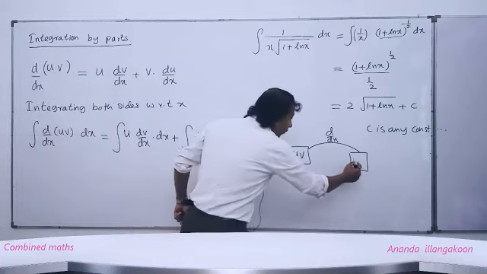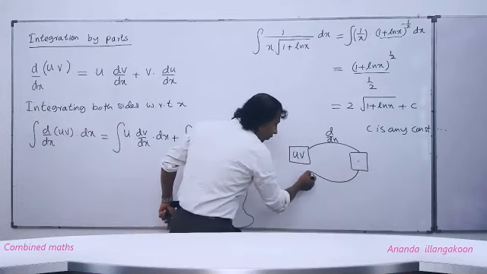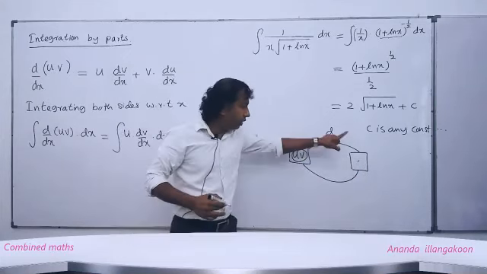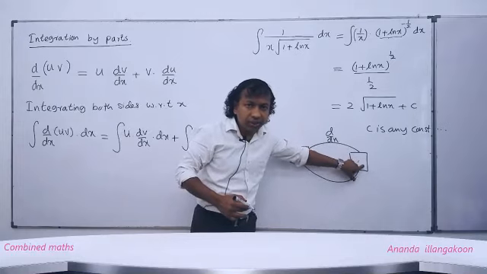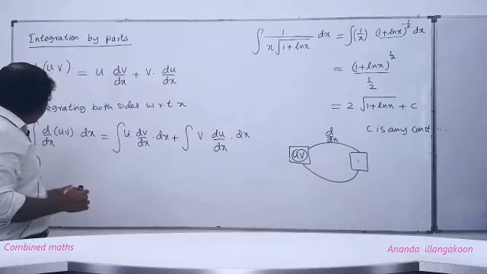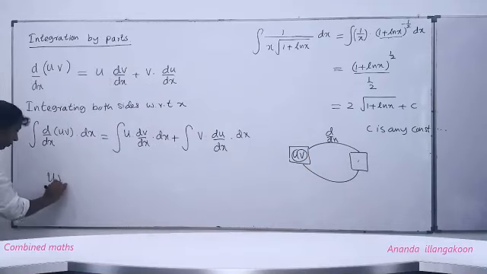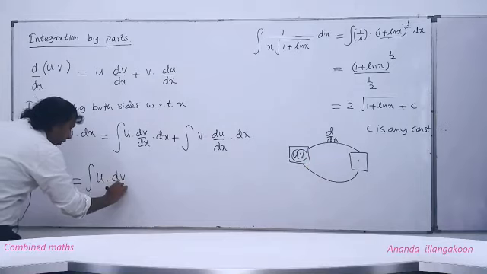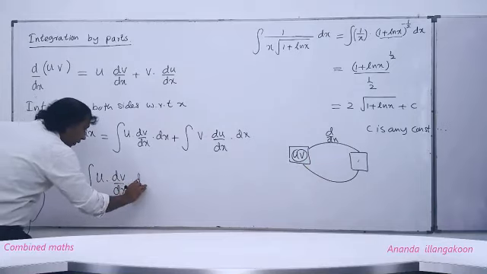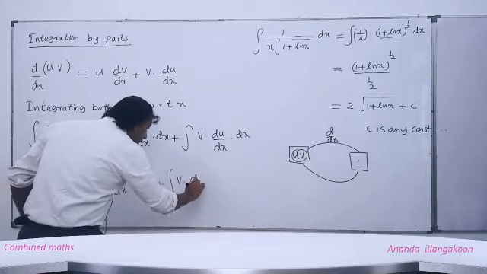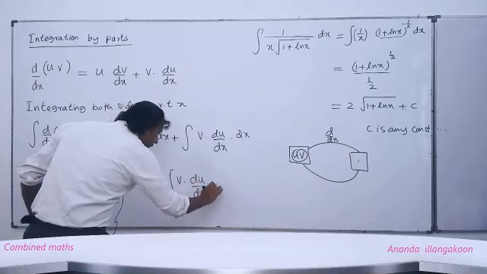Then we must get the initial function uv, no? This is differentiated, the answer is here. This is integrated, that should come back to the initial function. So therefore, people, this one is nothing but uv, equals u times dv by dx into dx plus v times du by dx into dx.